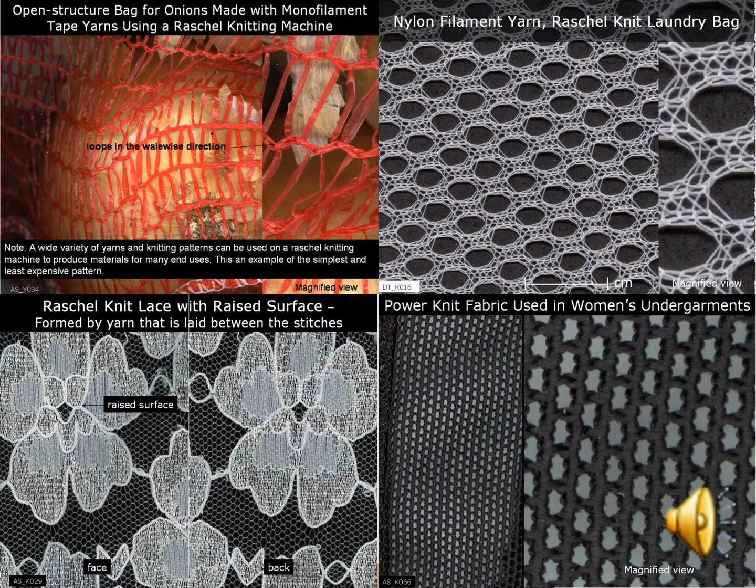The picture on the right is a Rochelle knit laundry bag, so you can see up close how the yarns are put together for that type of item. The bottom left is, of course, lace that is formed by yarn that is laid between the stitches. And the bottom right is a knit fabric that is used in women's undergarments.